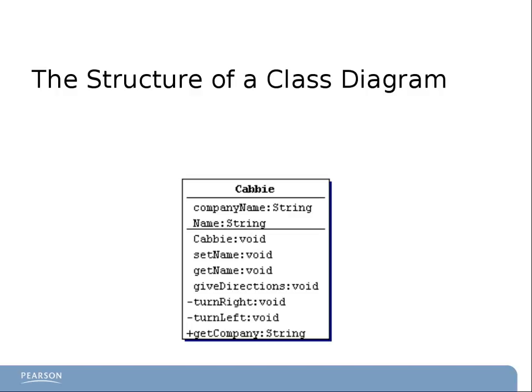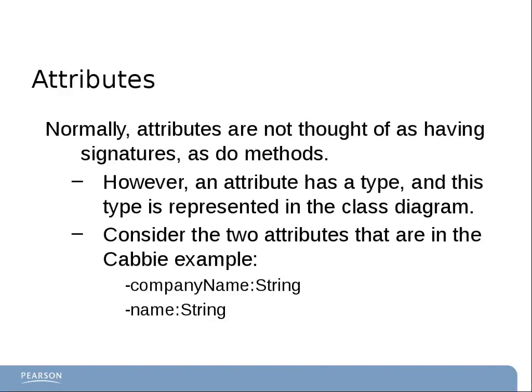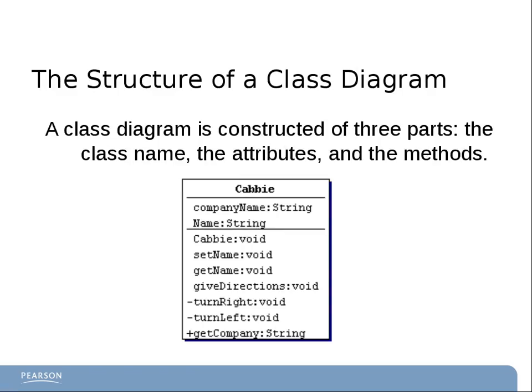The minus sign means those functions are private. The plus signs mean they are public. And nothing means it's not specified. Nothing means you didn't specify it, which means whoever wrote this was bad, because the company name and name should be private. Cabby, set name, give directions should probably be public.